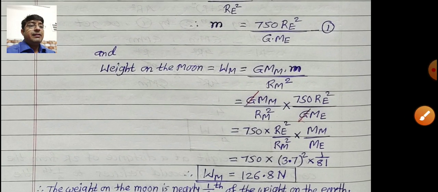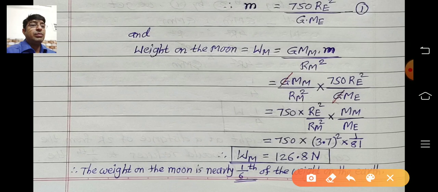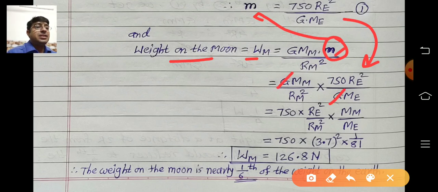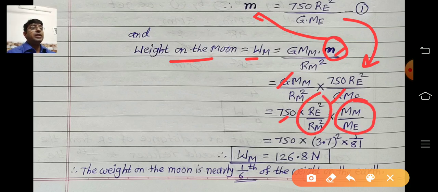And the weight on the moon, again by using the formula, Wm is equal to G Mm, where Mm means the mass of the moon, into m, the mass of the person, upon the radius of the moon square. We know the value of this small m from the above formula. This value we substitute here, and after calculating, capital G cancels here. Take 750, take the ratio of radius here and take the ratio of mass of moon and earth, which we know from above.